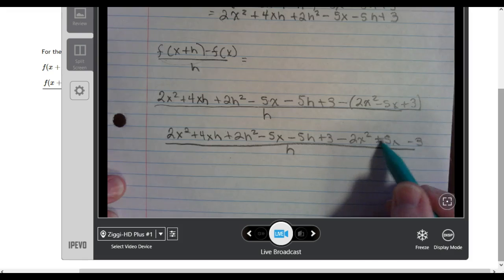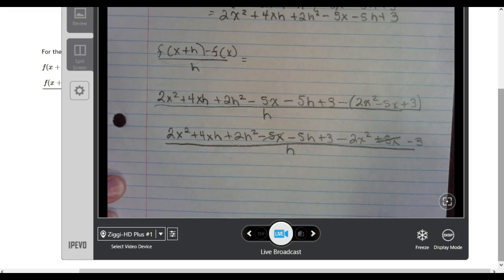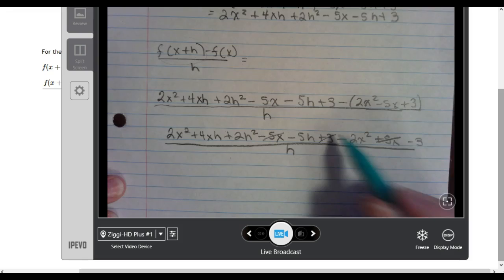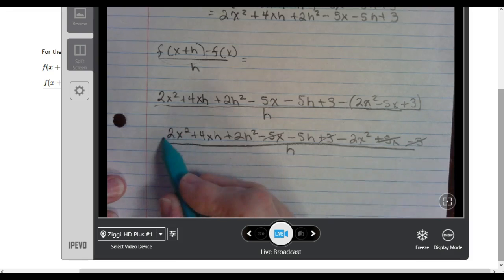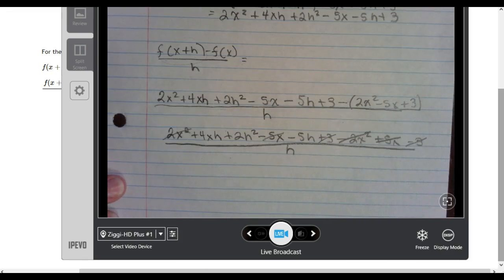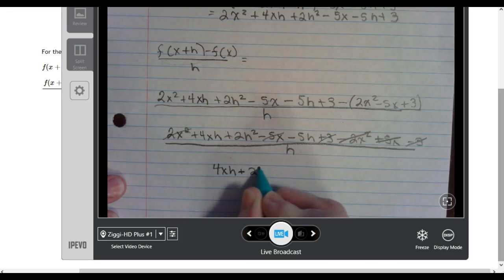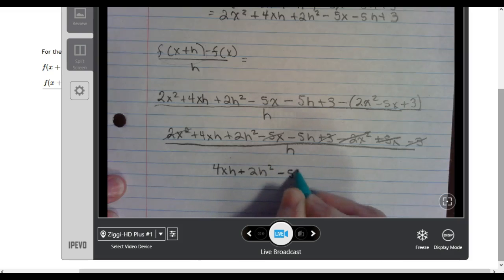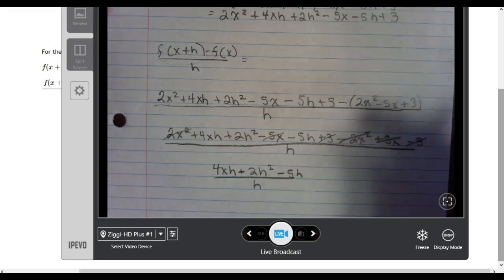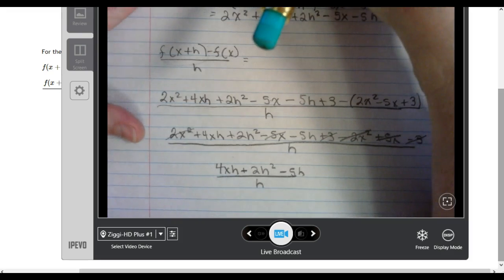Looks like I have the plus 5x and the negative 5x, the 3 and the negative 3, the positive 2x squared and the negative 2x squared. And I believe that's everything. So I'm left with the 3 terms on top, which is 4xh plus 2h squared minus 5h, all divided by h. And we want to see if there's any more we can do with this.